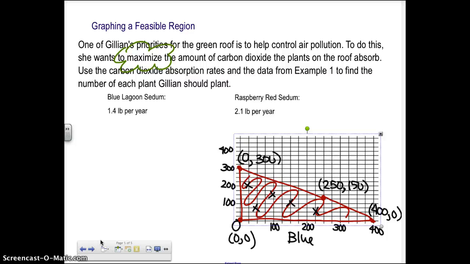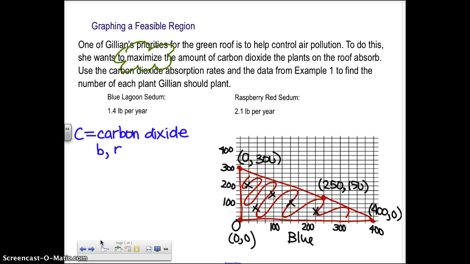Okay? Now, what is our objective function? Well, we have to write that. We have a new variable to define: we're going to let C be the amount of carbon dioxide, CO2. We already know what B is and we already know what R is.